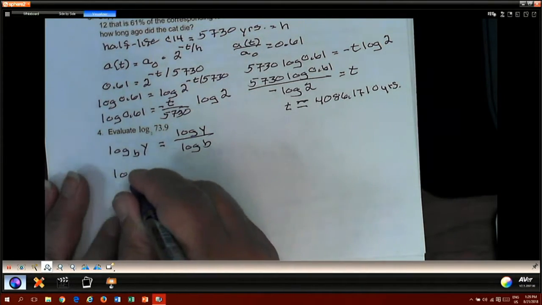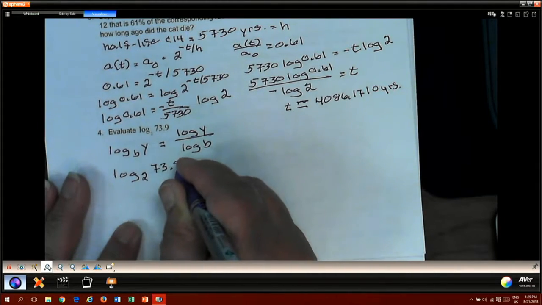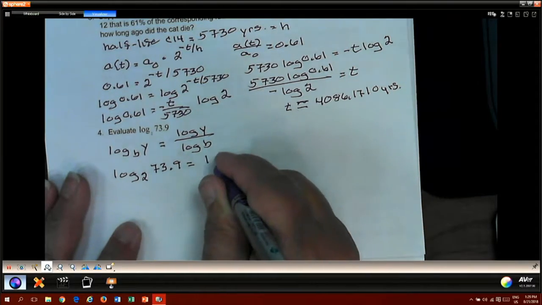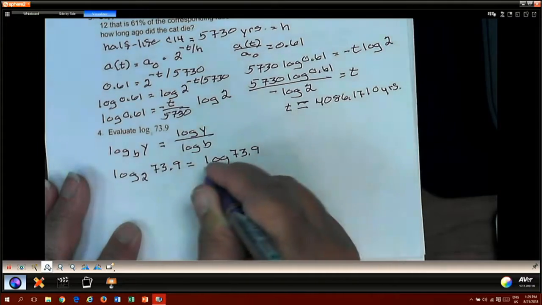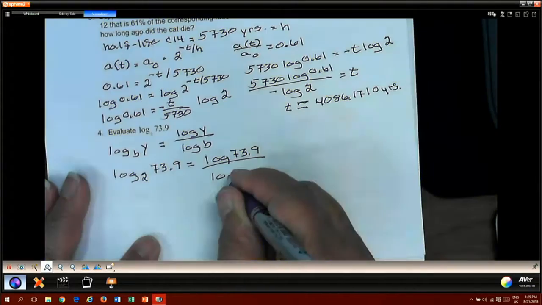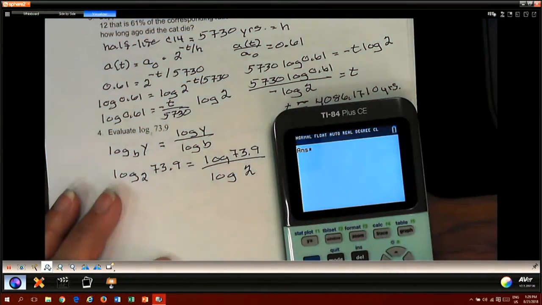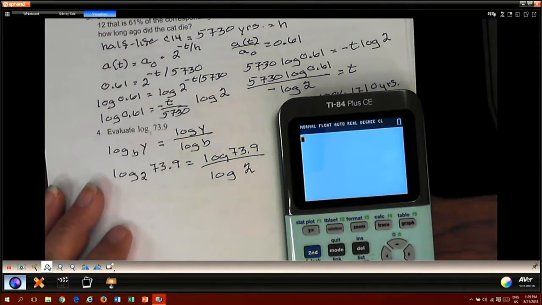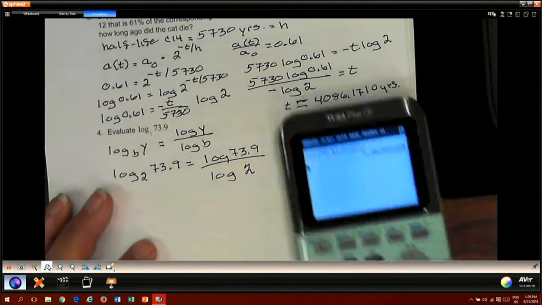So log base 2 of 73.9 is the log of 73.9 divided by the log of 2. So we have the log 73.9 divided by the log of 2, which gives us 6.2075.